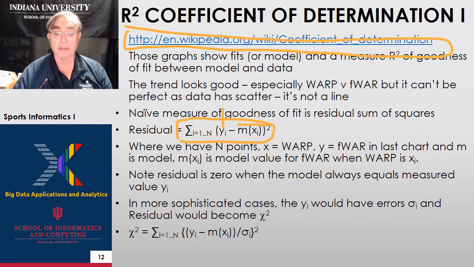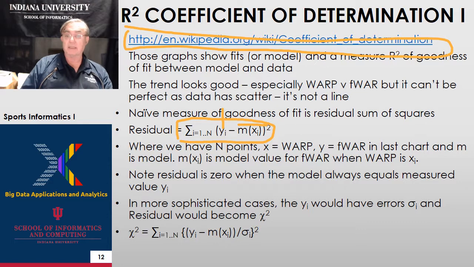Here's the model based on WARP. You take the difference, square it, and then you sum it over n. That's a classic least squares measure of the residual. And this residual is 0 if the fit is perfect. Then the model equals the measured value.